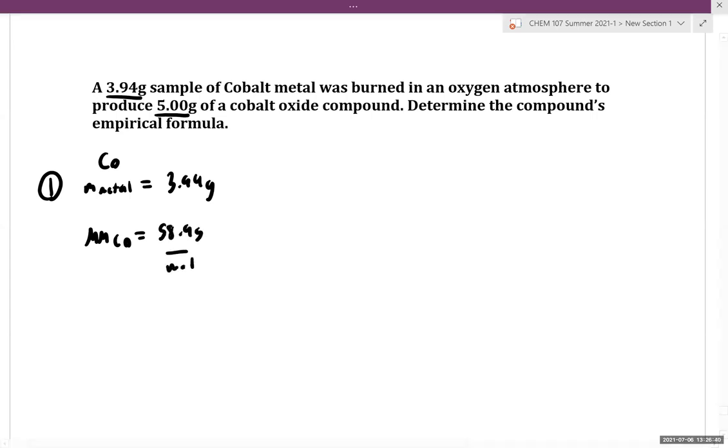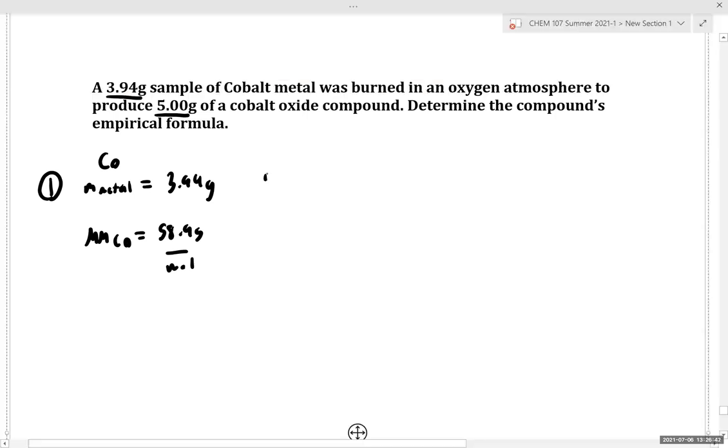Okay. Let's also consider what is the mass of our metal oxide. And because it's a transition metal, we don't know the formula of our metal oxide just yet, but what is the mass of metal oxide? Just reading through this problem. 5.0. Okay.